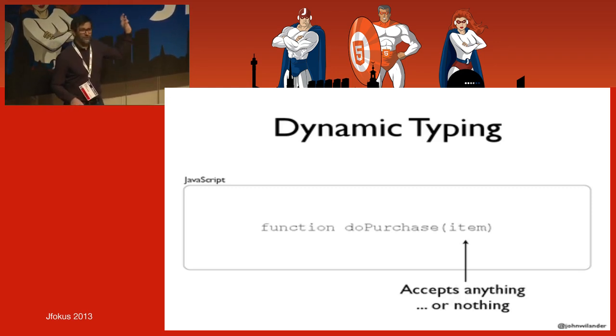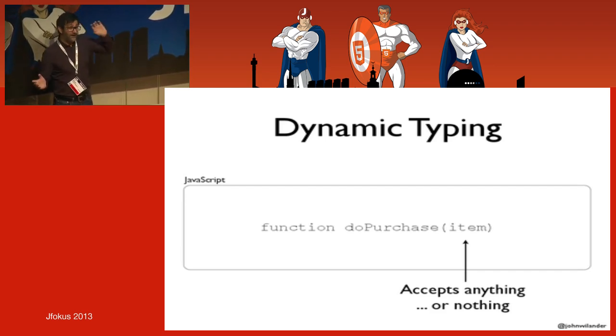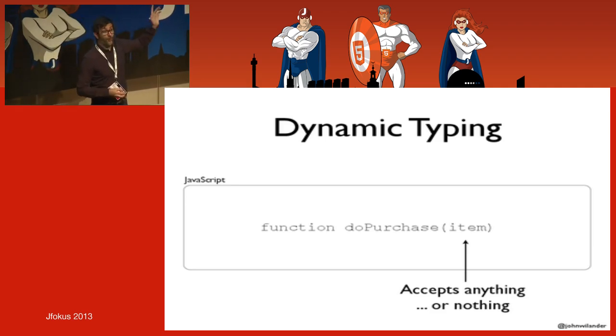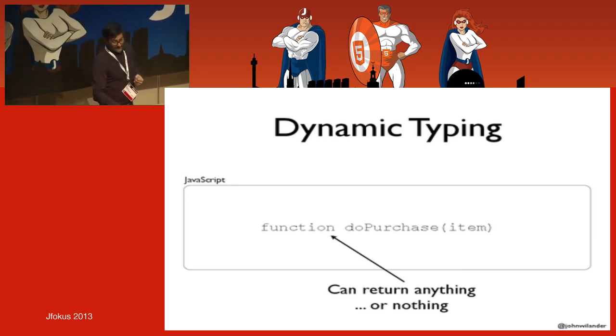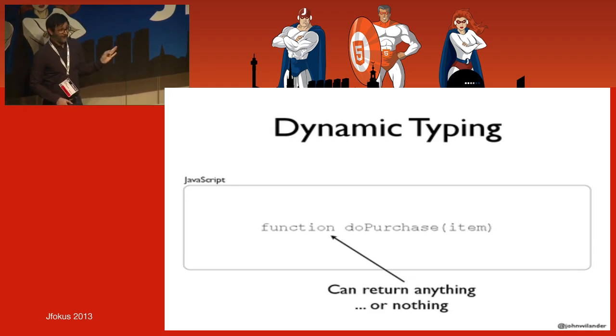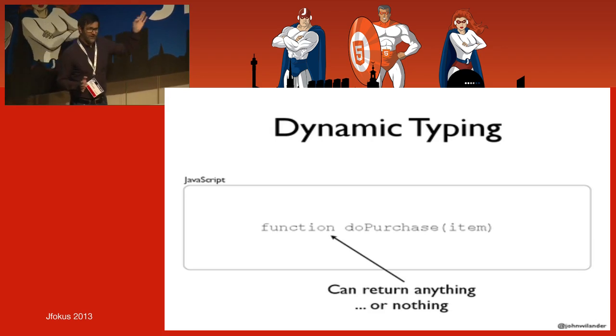Now we're getting close to JavaScript code. We just add the function keyword to say this is a function, and this function accepts anything, dynamic typing again. Any value could be bound to this variable item, or even nothing. It's okay to call this function without any parameters. Also, this function can return anything or nothing. So the code gets actually quite simple.